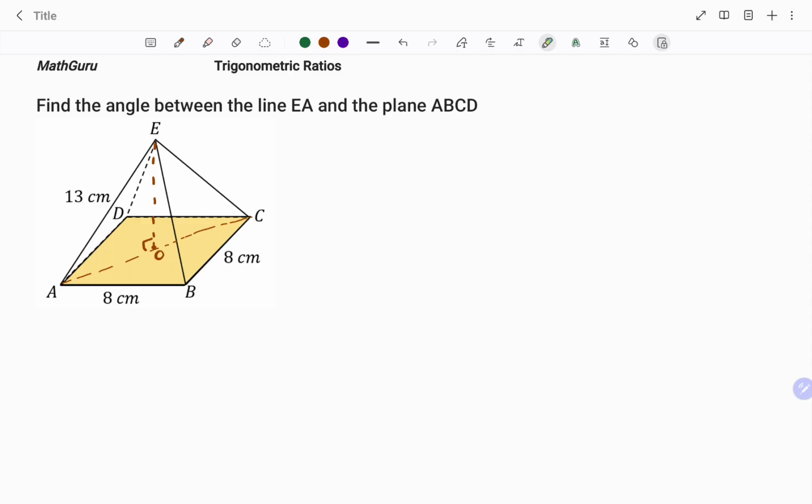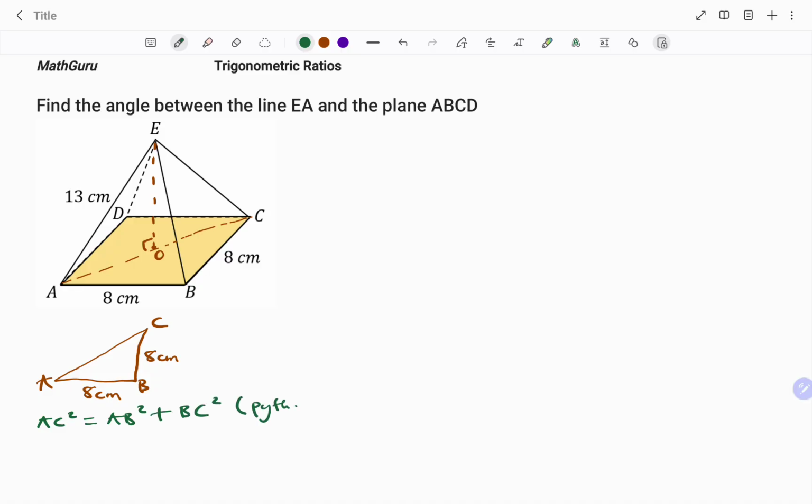Starting with the distance AC, if I draw out that shape at the bottom, I have the distances AB and BC as 8 centimeters and 8 centimeters. Using my Pythagoras theorem again, to find AC, I have AC squared equals AB squared plus BC squared.